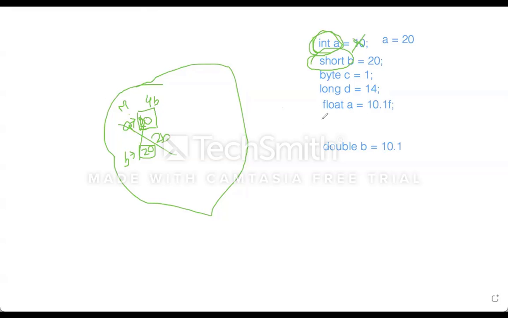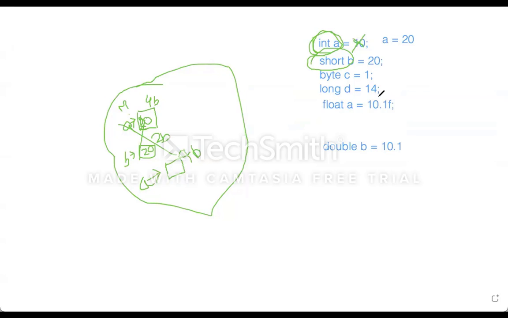As soon as you say float A, a block of memory would be created. And since it is a float, 4 bytes of memory would be allocated, right? Make sense?